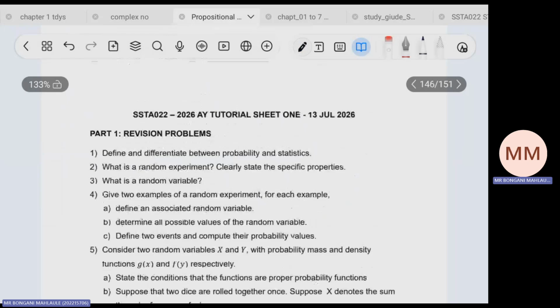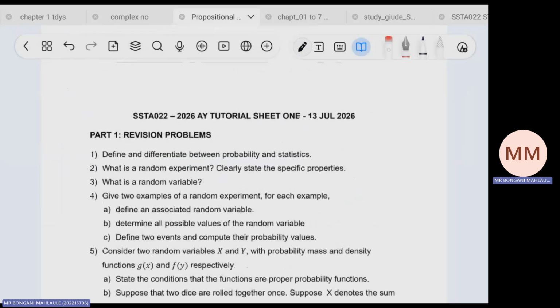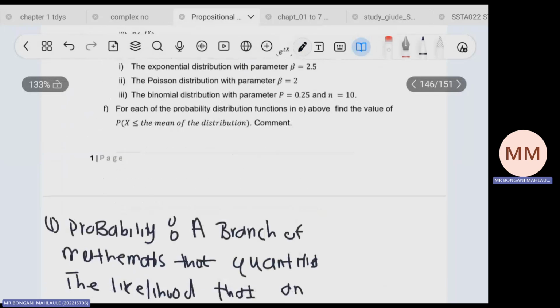Then here they say, what is the difference between probability and statistics?